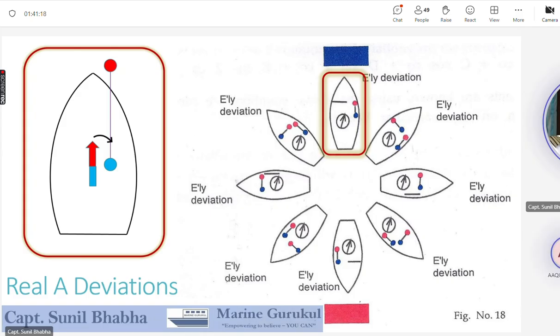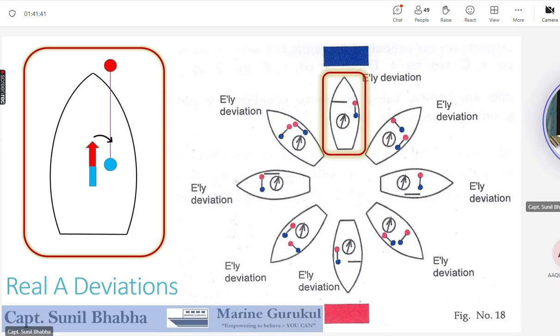Yes, sir. Sir, how can we say it will be on the starboard side, not on the port side? Okay, you mean to say that this structure is only on the starboard side and not on the port side? Why is it so? Because sir, our ship is symmetrical, sir. That's correct, beta.